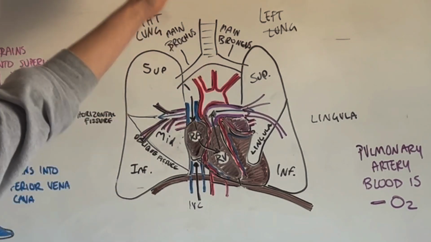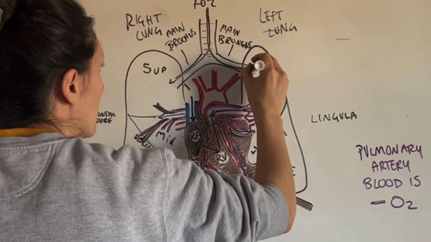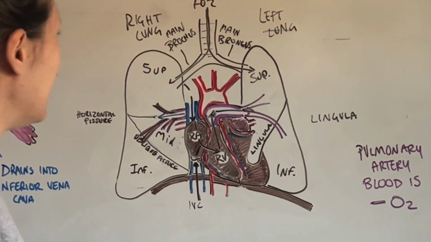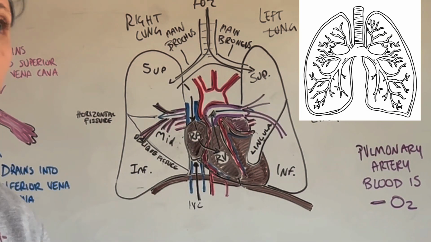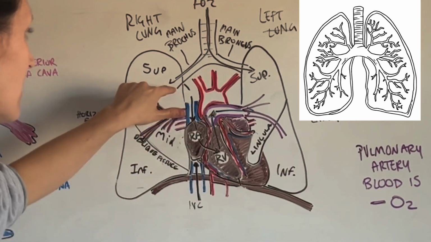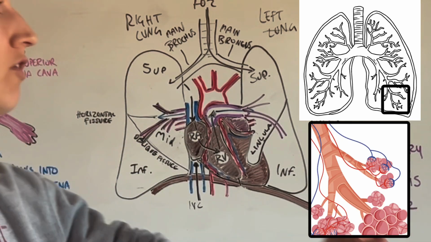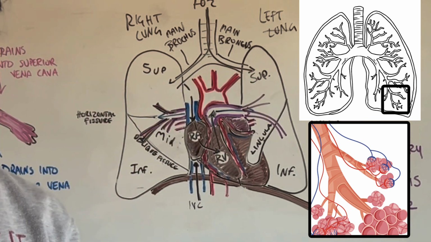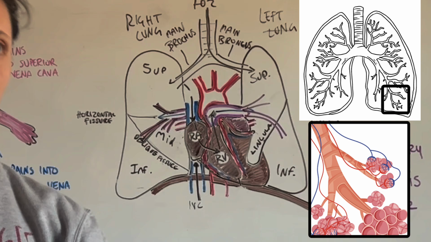This is air. This is O2. It comes in and goes to each of these lungs. This also acts like a tree. It's going to branch and branch and branch into smaller and smaller bronchuses carrying air to these alveolar sacs. The end of these bronchi and bronchioles, which is what they get called as they get small, is going to be an alveolar sac. And at that alveolar sac, we're going to meet up with deoxygenated blood, and we're going to oxygenate that blood.